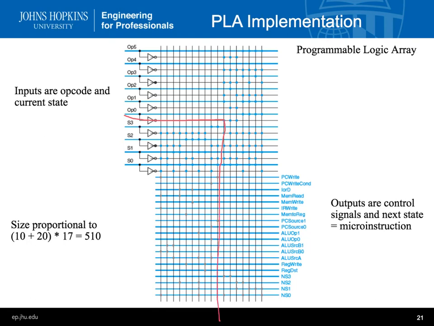The values here depend only on the current state. Here's the one if we're an R type, or where we need to make a choice based on what kind of instruction it is, these depend on the opcode.